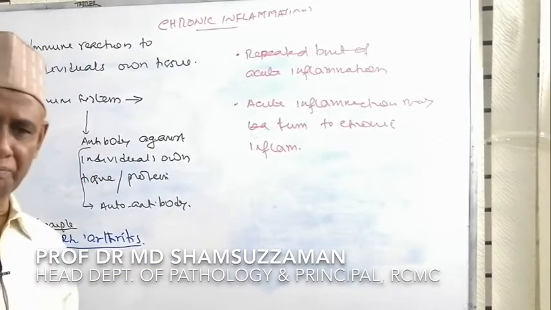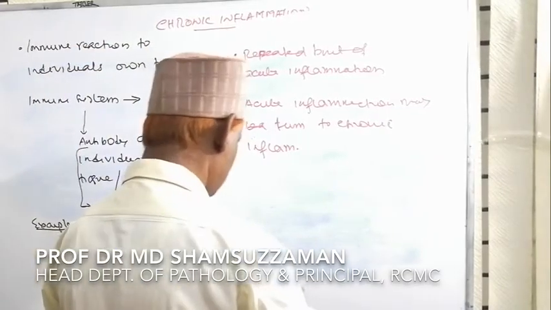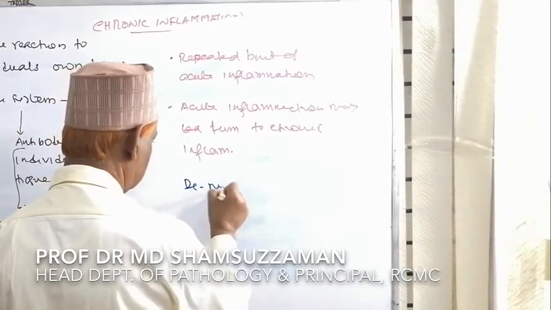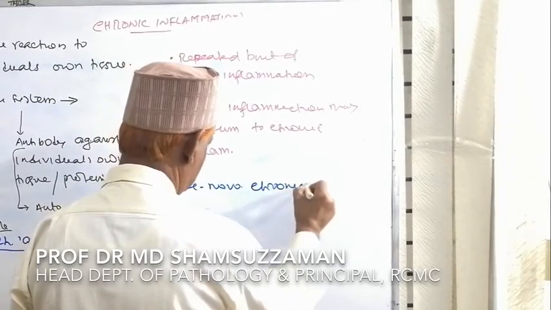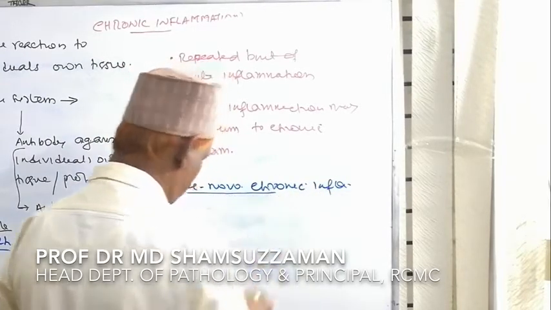There is a term, de novo chronic inflammation. What do you mean by de novo chronic inflammation?